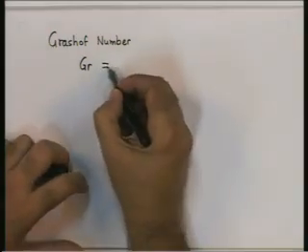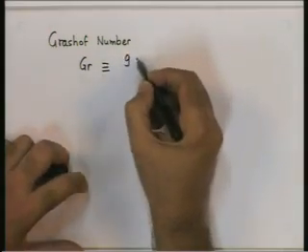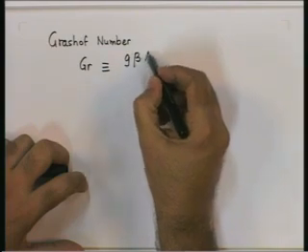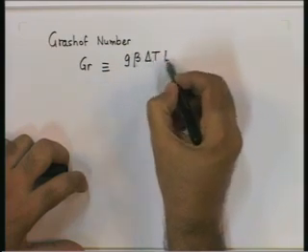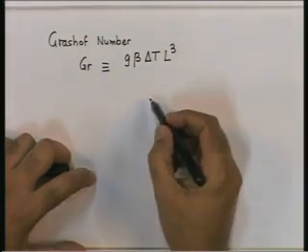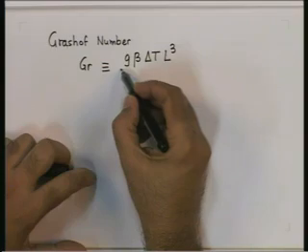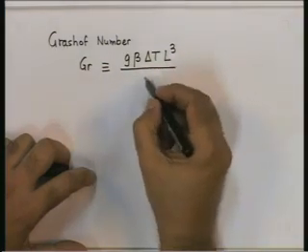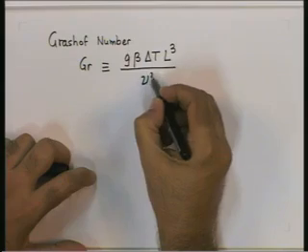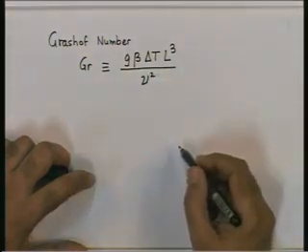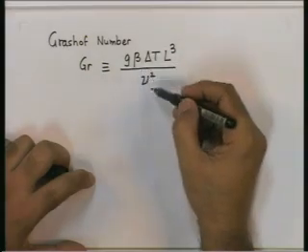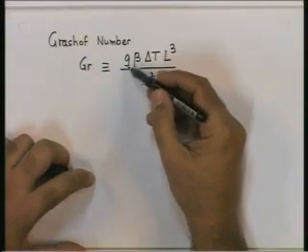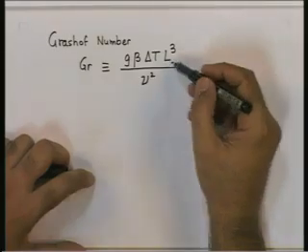Symbol Gr, this is defined as g beta delta T L cube, terms which we come across in the force of buoyancy, divided by nu squared. Notice that beta and nu would be properties. g is acceleration due to gravity, L is the characteristic length, and delta T is the temperature difference between the surface and the fluid.